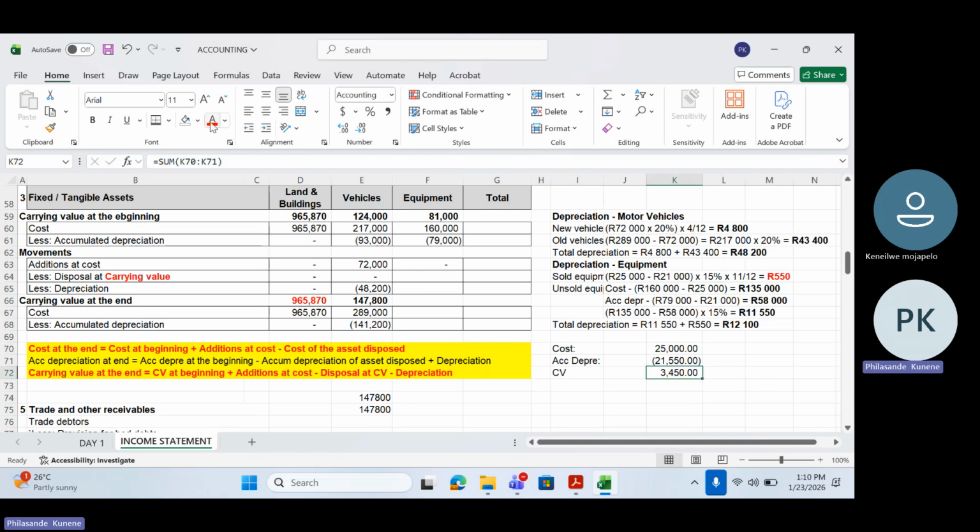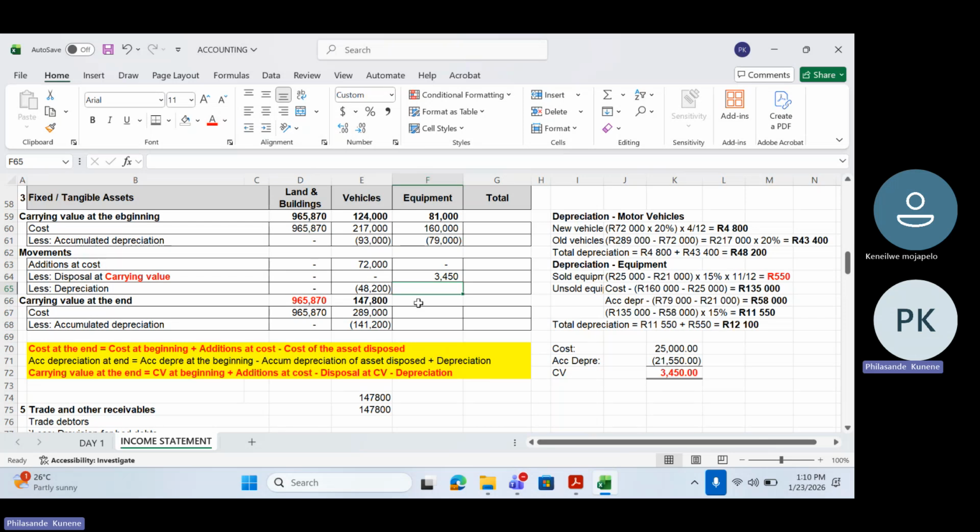That is 3,450. That is the carrying value of what? Of the asset disposed. So that's the amount I want to see here. You see what I want, yeah? I want the carrying value, not the cost, not the accumulated depreciation, but I want the carrying value.